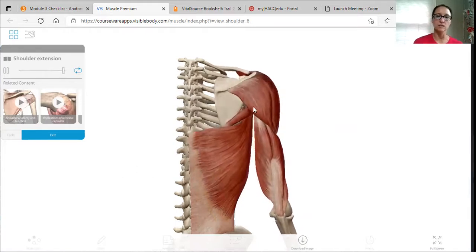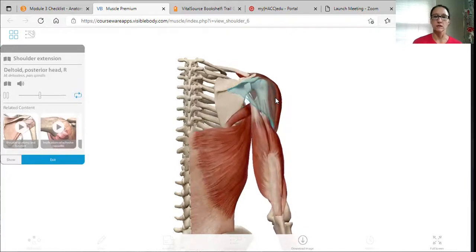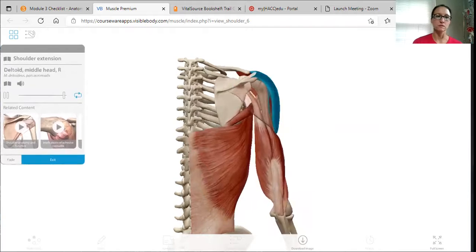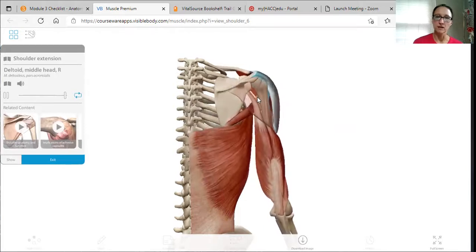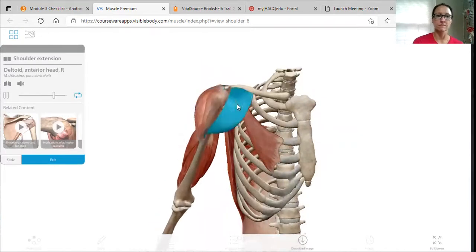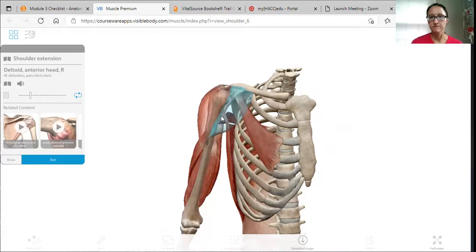So you can't see, actually, let me see if I can fade that. Let's fade that one. Okay, just so you can kind of see where latissimus comes up right there, right where my arrow is, and inserts on the anterior of the humerus, right there.